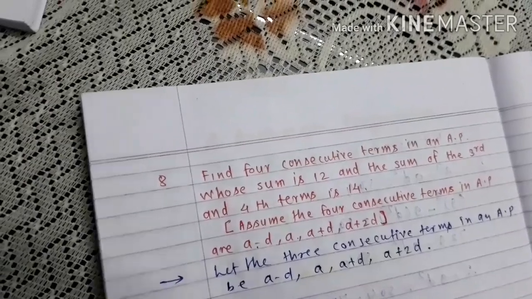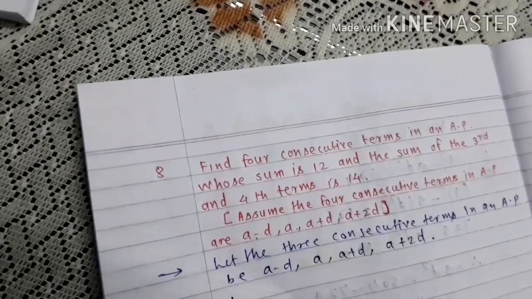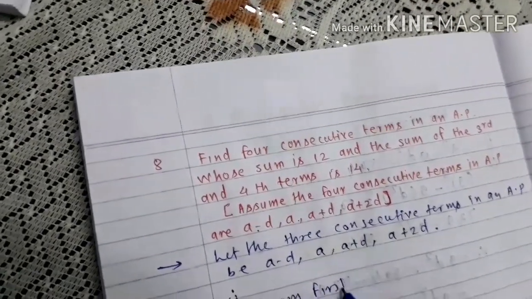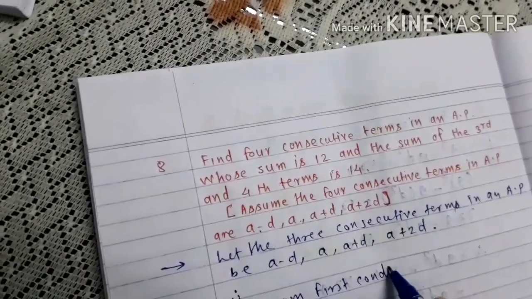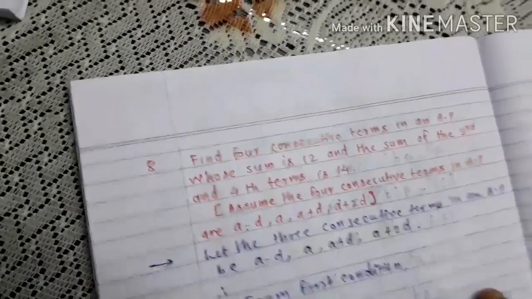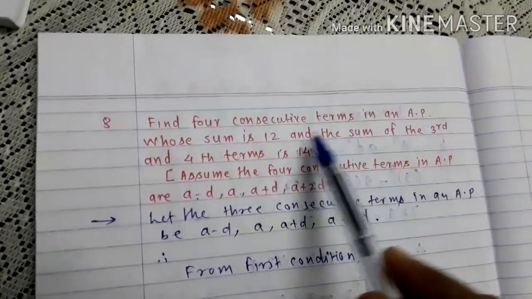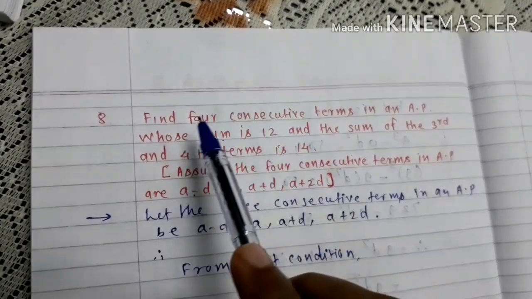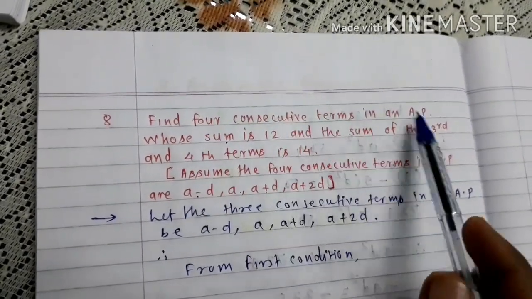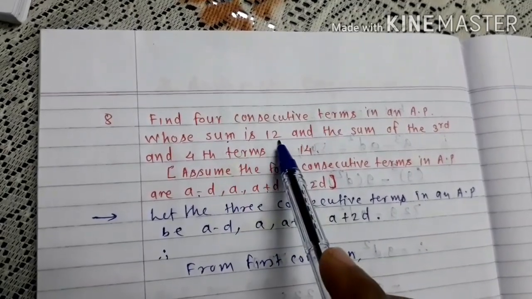Next, from the first condition. The first condition is: 4 consecutive terms in an AP whose sum is 12.